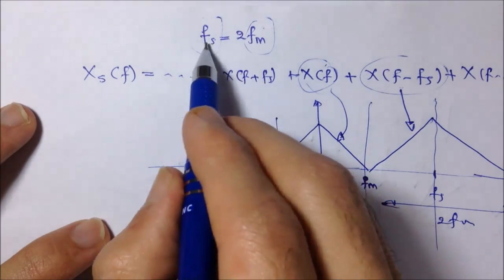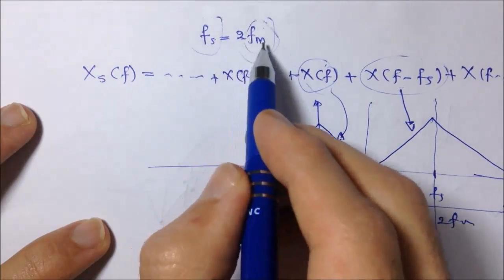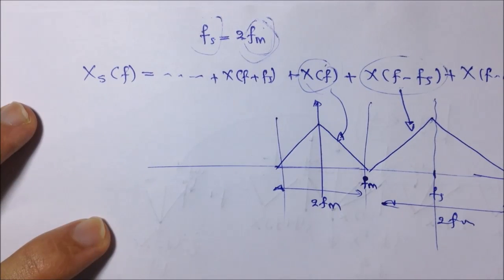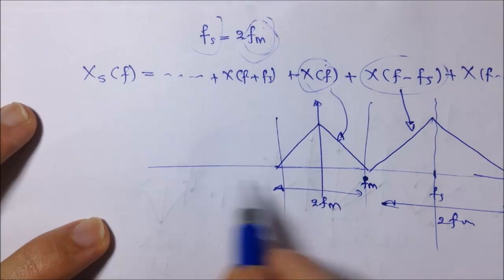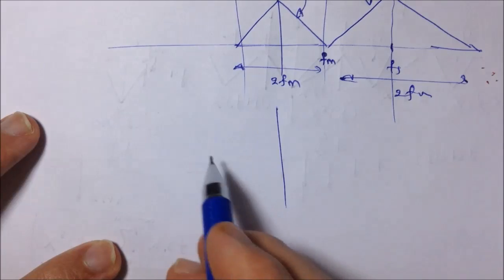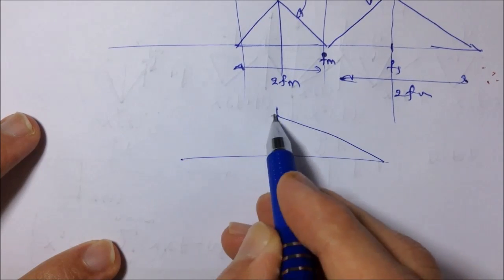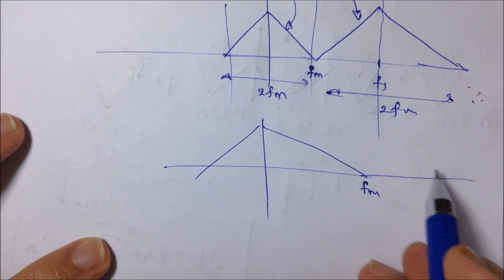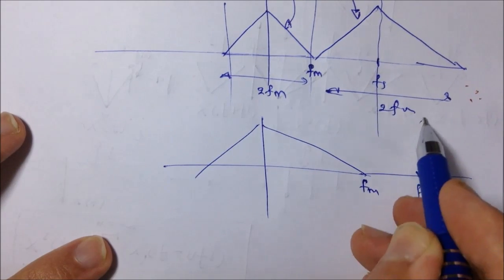Now, if the sampling frequency is reduced, or the maximum frequency Fm is increased, there will be interference between those replicas. We will have something like this. This is Fm, and this is Fs.